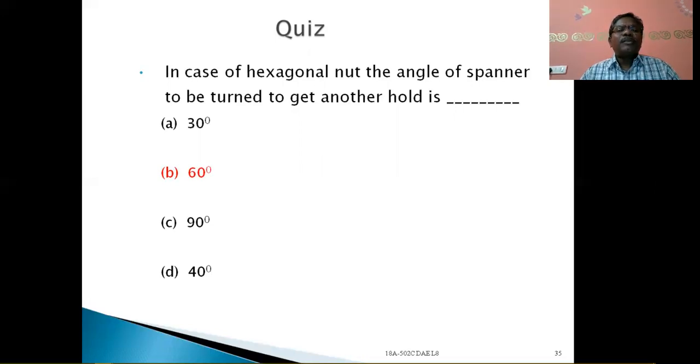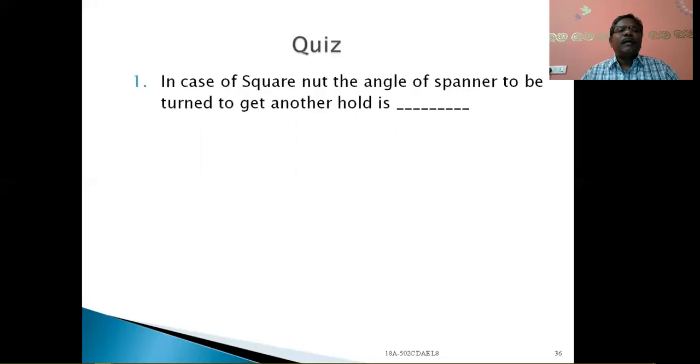Okay, and the last one is, in case of square nut, the angle of spanner to be turned to get another hold. As it is a square shape, each corner will have 90 degrees. So the spanner has to turn, first hold is like this, and second hold will be 90 degrees.